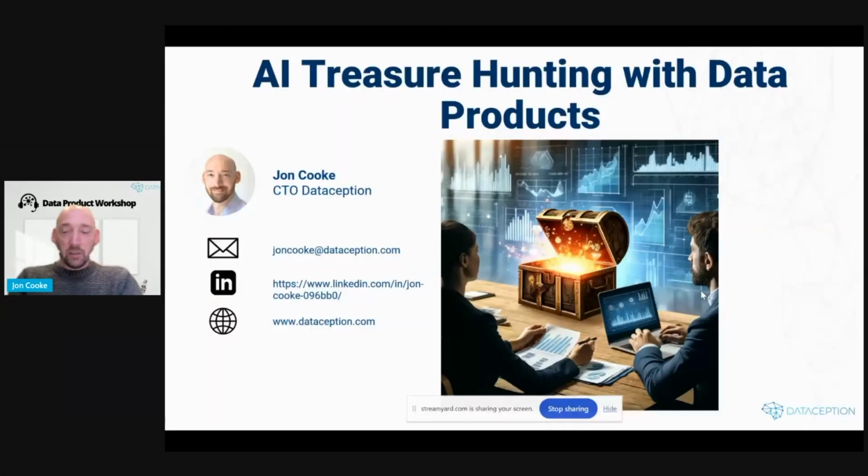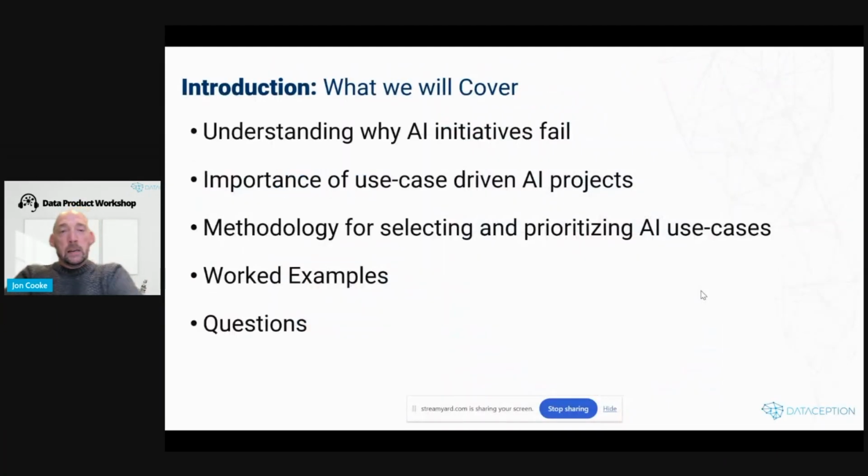So, AI treasure hunting with data products today. AI is a very hot topic now, especially with GenAI. What we'll cover is, first of all, why AI initiatives fail. That's a big problem in the industry, we know.